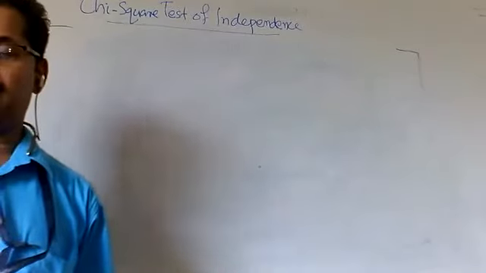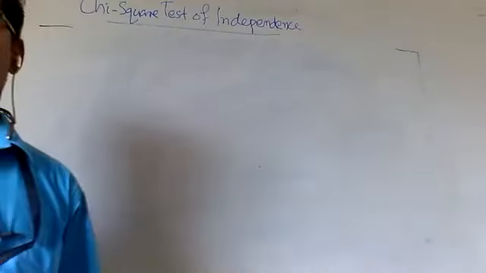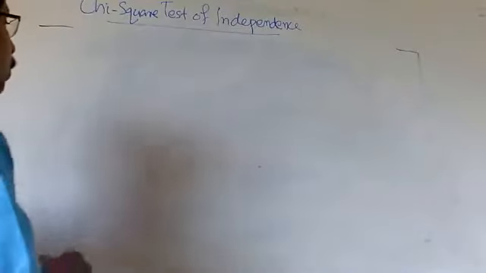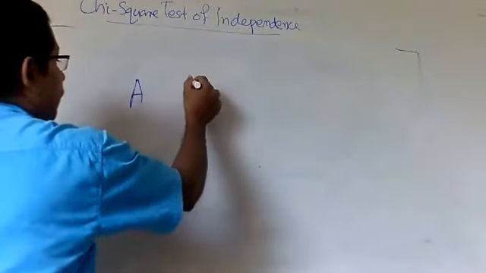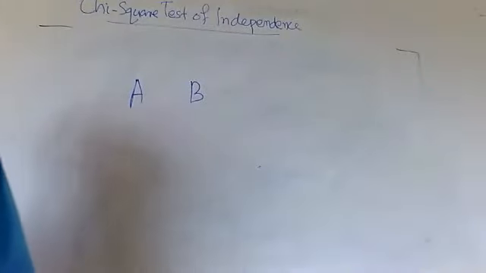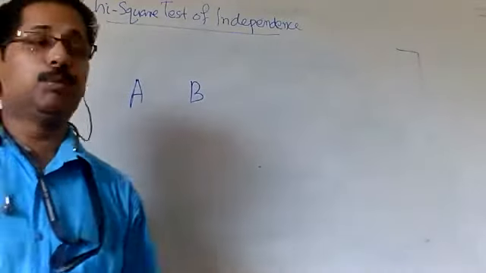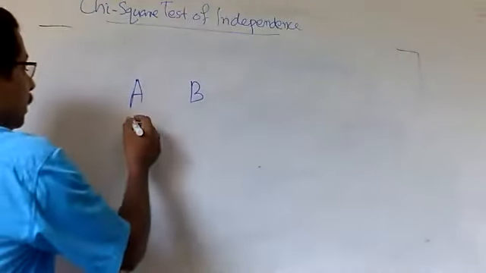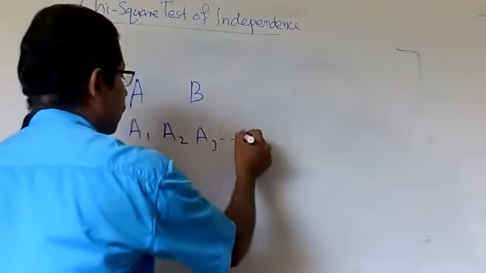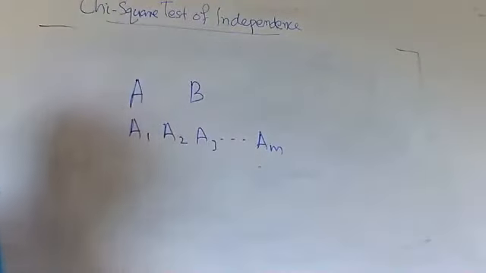For that, suppose we have two attributes. Attributes means two categories, two separate events, A and B. Suppose A is divided into m categories, A1, A2, A3, etc., Am.